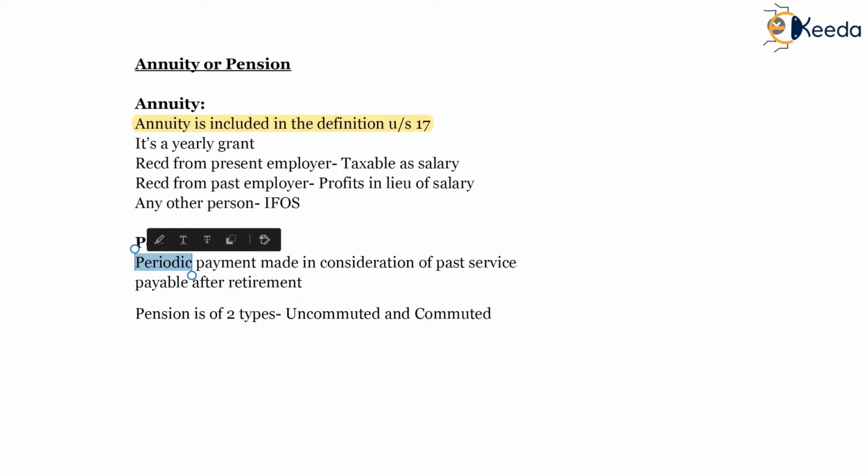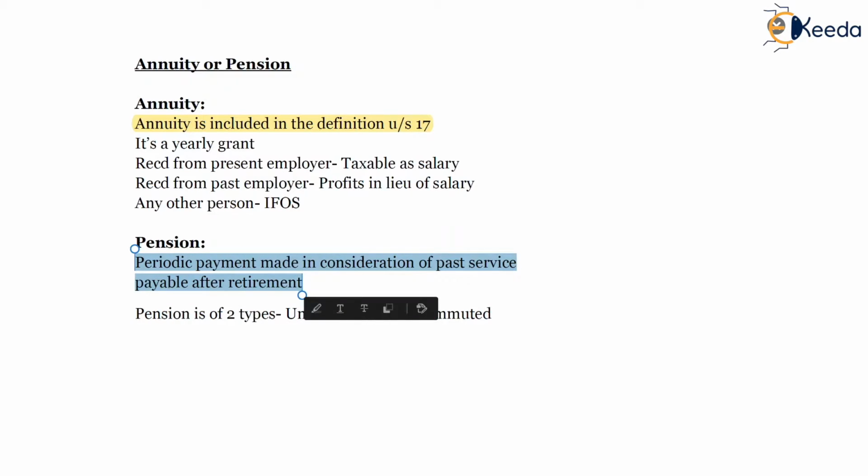And pension is nothing but periodic payment made in consideration of past service payable after retirement, right? So you can understand the difference between annuity and pension, right? Pension, if you see, is taxable as salary under sub-section 1 of section 17, right?